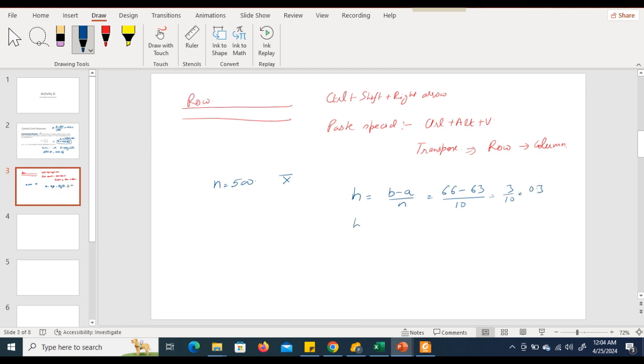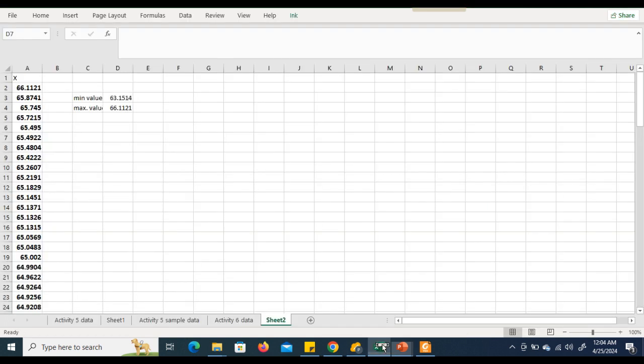If we want more, say 15, then b minus a upon n is 66 minus 63 divided by 15, which gives us 3 upon 15, and its value is 0.2. If we need something in between, we can select 0.25 also. For example, if I choose the width size as 0.2, then I choose the bin values because the smallest value is 63, so it will automatically be covered in 63.2.